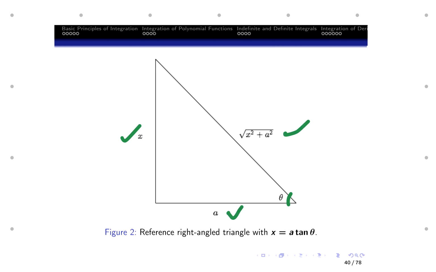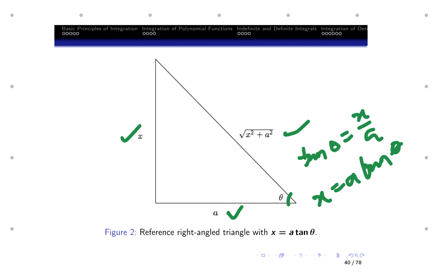If you combine x and a together, you simply have opposite over adjacent. That's tan theta. Tan theta equals x over a. That again gives you that x is equal to a tan theta. And if you relate that with this, anywhere you see x here, you put a tan theta. So that's how we arrive at all of these things. All you just need to draw is a right angle triangle.